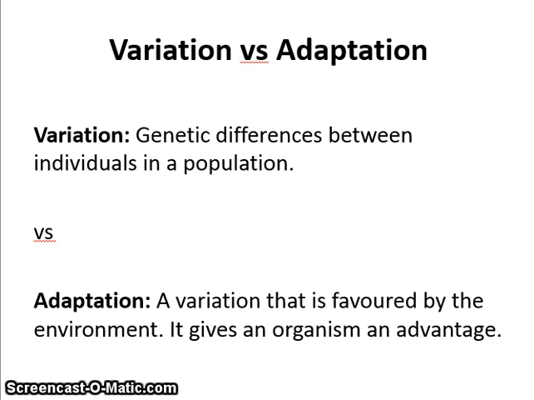This is a variation that gives an organism a survival advantage in that particular environment. So with our beetles prac the other day, for example, the yellow beetles had a survival advantage and were not preyed on anywhere near as much as the red beetles were. So that was an example of an adaptation that allowed them to survive.